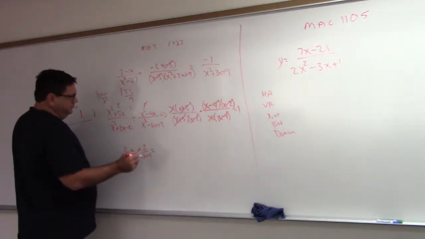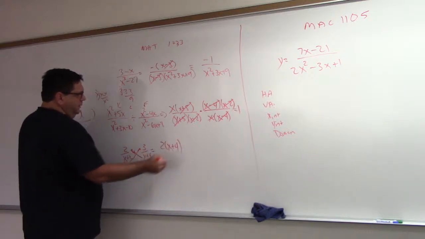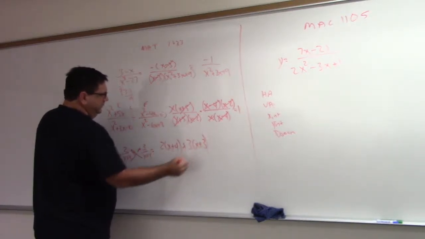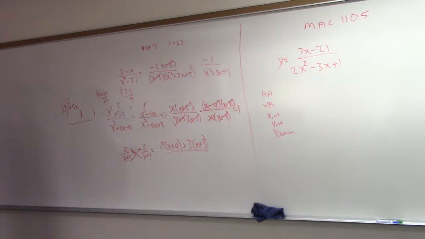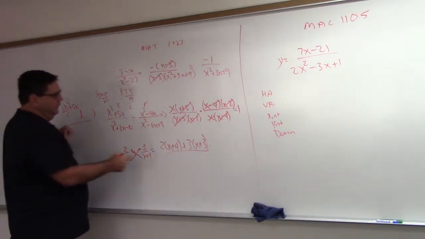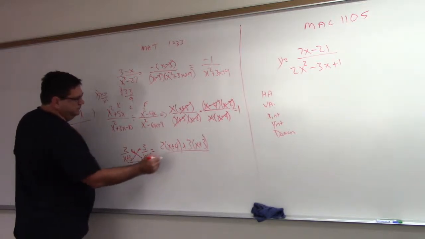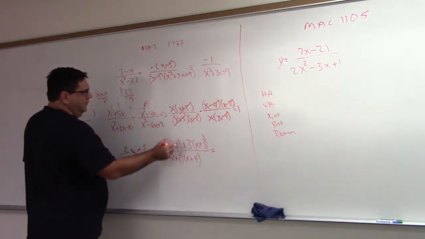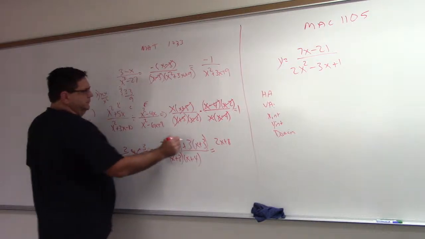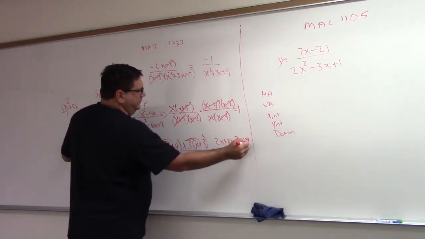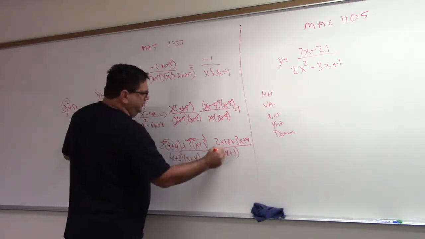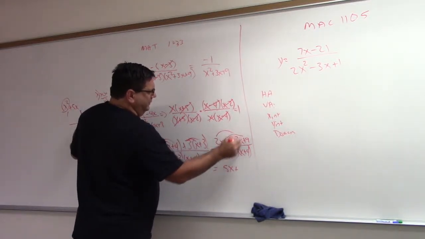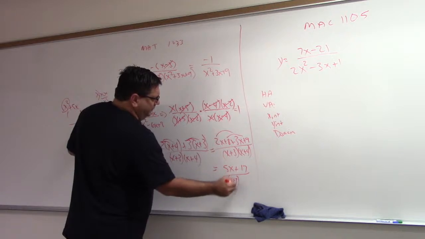All right. 2x plus 4 plus 3x plus 3. Up, up, over. 2x plus 8 plus 3x plus 9 over x plus 3, x plus 4. 5x plus 17 over x plus 3, x plus 4.